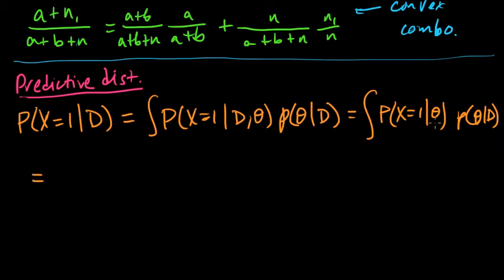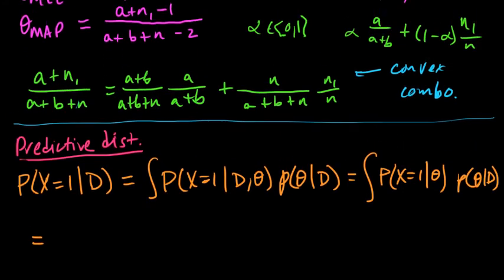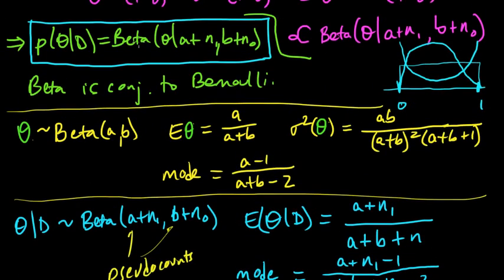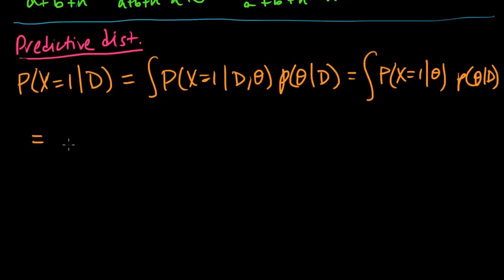So we can use the fact that we have an expression for the posterior distribution. It's just this beta distribution, so we can plug that in. This part is the probability of getting a 1, and that's of course just theta, for a Bernoulli random variable, the probability of getting heads.